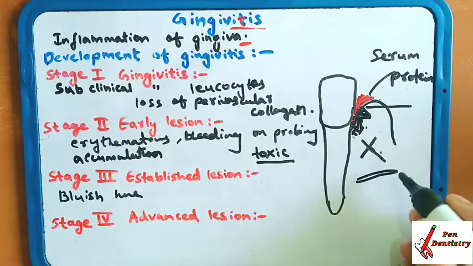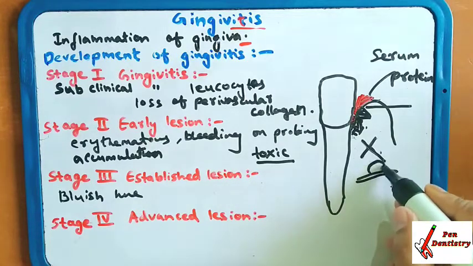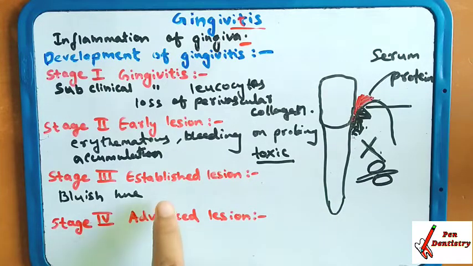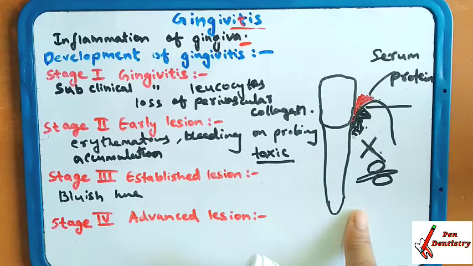In the third stage you also see proliferation, apical migration, and lateral extension of the junctional epithelium.